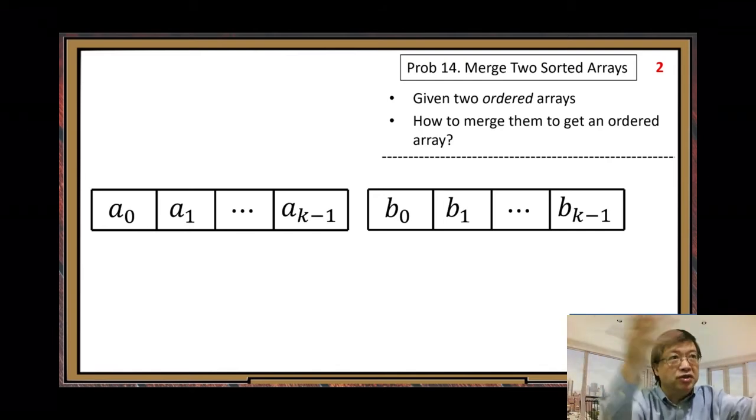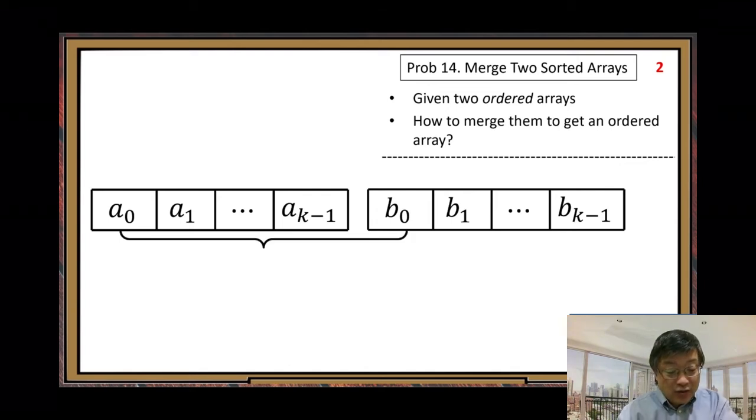Let us merge these two ordered subarrays. Now, when we start here, we just use the brute force method. Here, actually, we do not have anything special to use, just the brute force method.